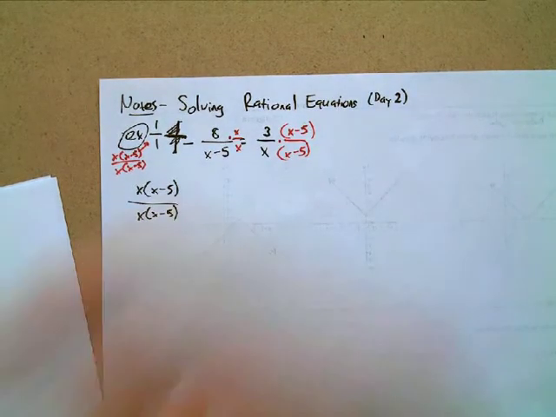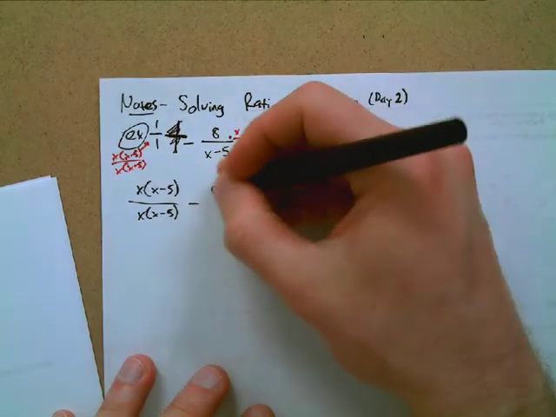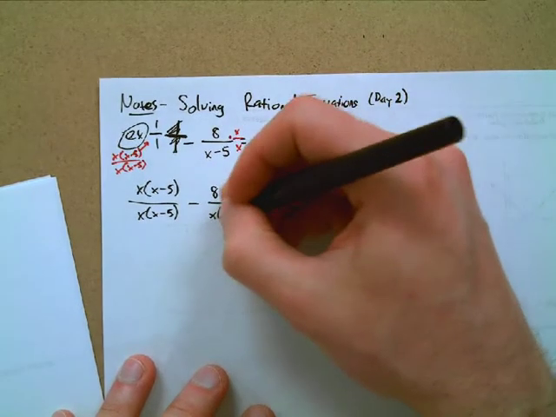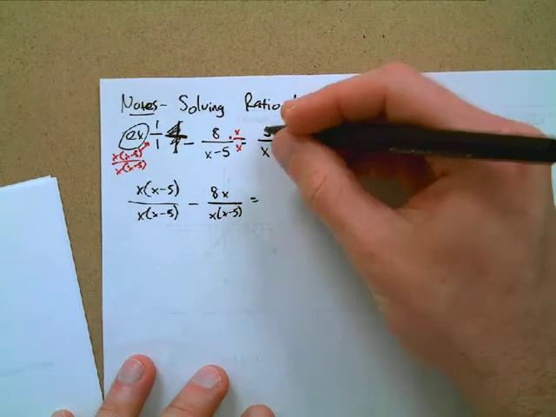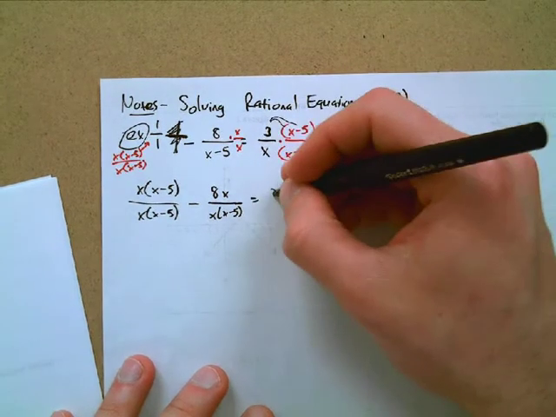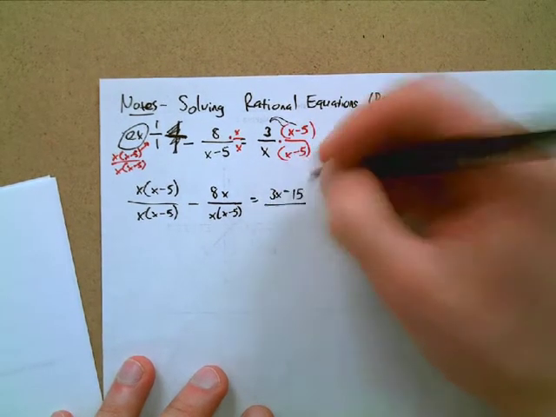Then multiply the x's, so we get minus 8x over x times x minus 5 equals, and then here I'm going to go ahead and distribute the 3. So I'll get 3x minus 15 over x times x minus 5.